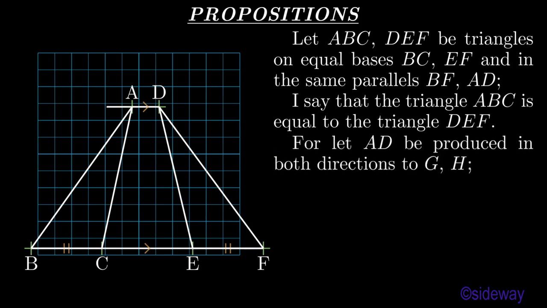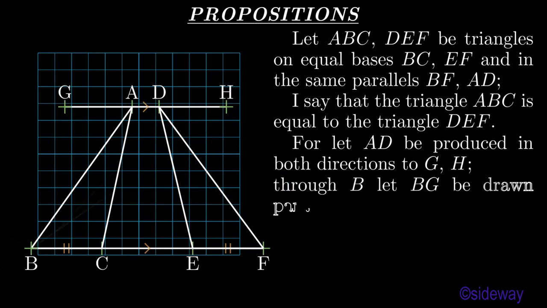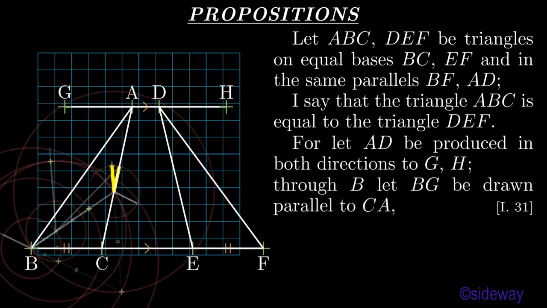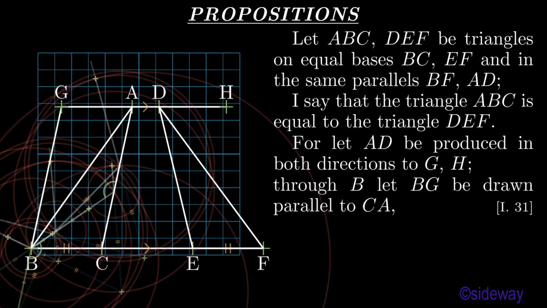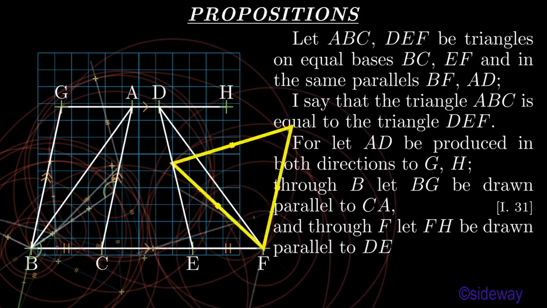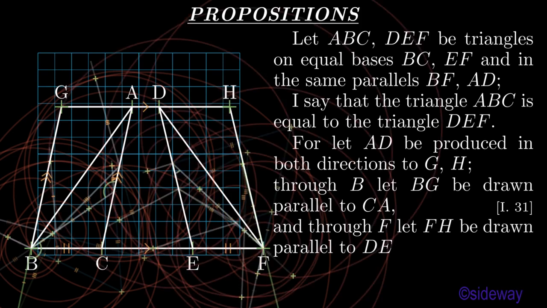Let AD be produced in both directions to G, H. Through B, let BG be drawn parallel to CA. By Book 1 Proposition 31. And through F, let FH be drawn parallel to DE.